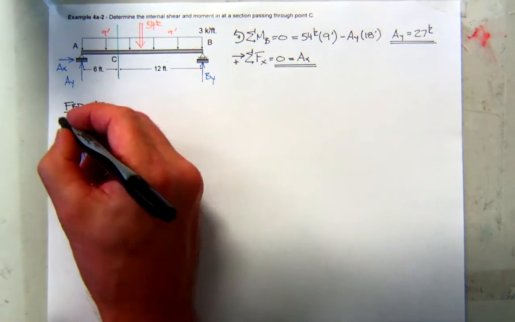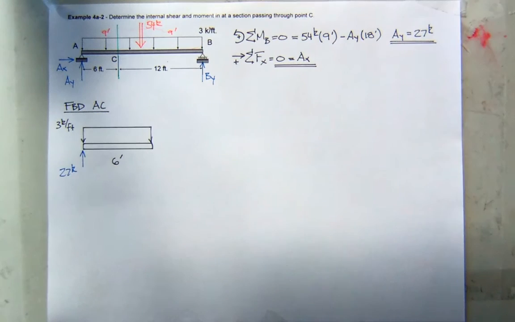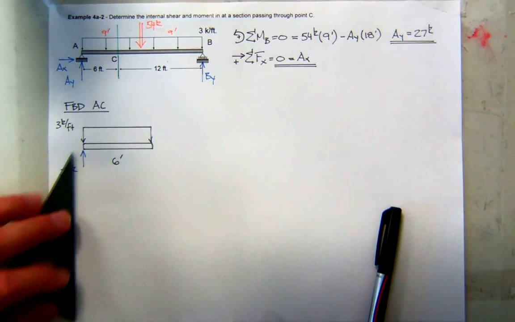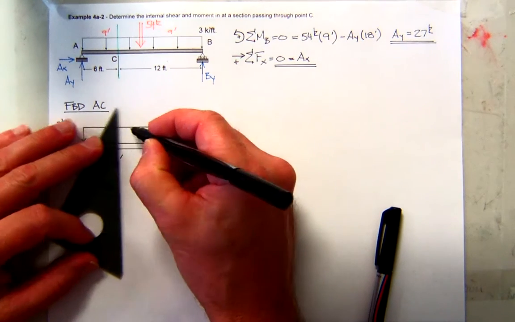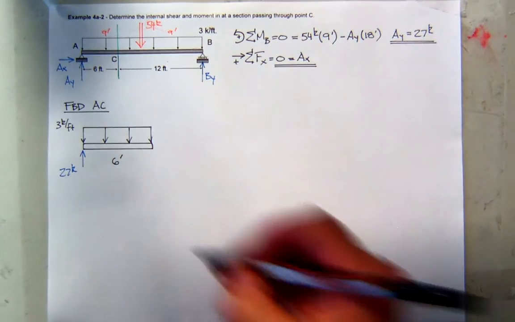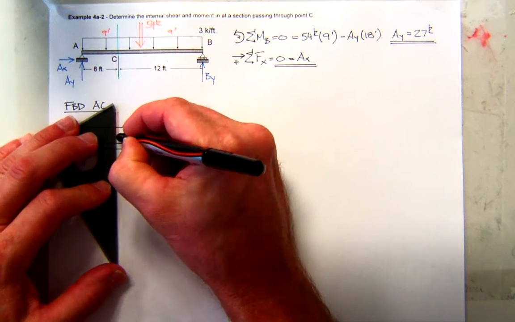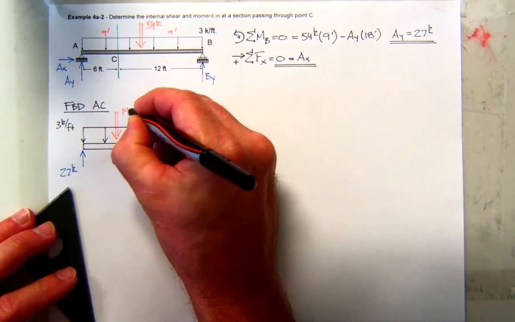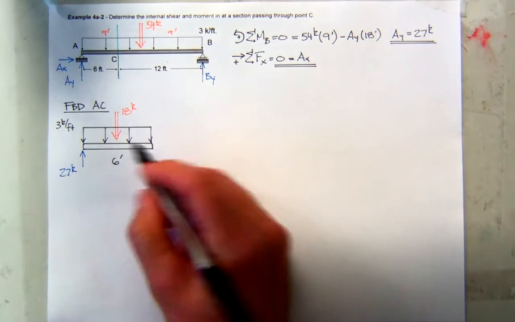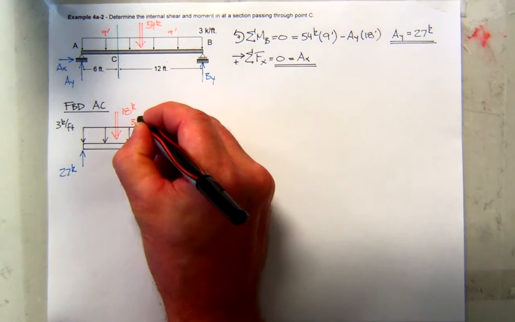The force was given as 3 kips per foot. So what's the concentrated equivalent of that? 18 kips. It's another rectangle, base times height, so that's 6 times 3, which gives you 18. And again, it acts at the centroid, which is half the distance. Half of 6 is 3 feet.